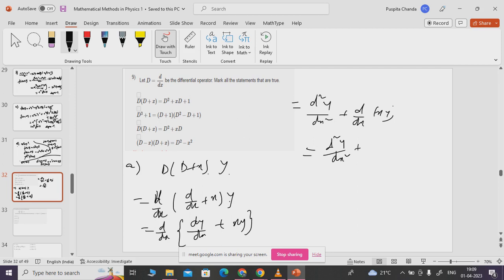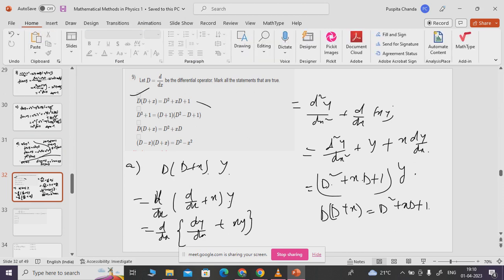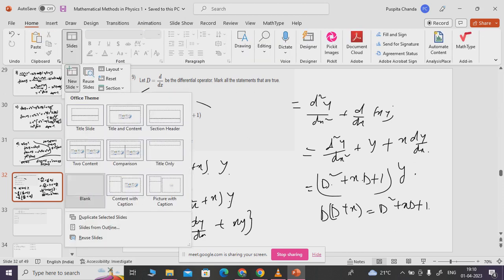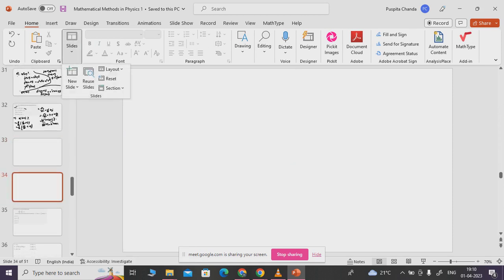So d2y by dx square plus d by dx of xy, which will become y plus x into dy by dx. So we can write D square plus x into D plus 1 on y. So D into D plus x is equal to D square plus xD plus 1. A is true.